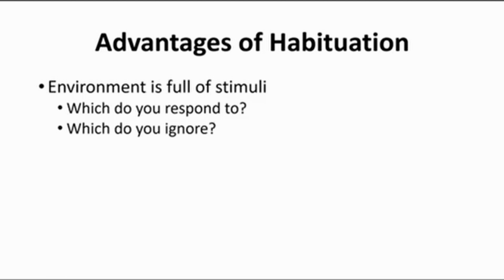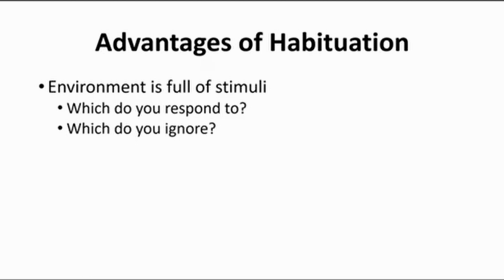And then on the other side, if there's a new sound, something that's come in that's different, maybe you don't live near running water, but all of a sudden you hear running water. Maybe that means that there's a flood or something is happening that you should be paying attention to. So it would make sense to be sensitized to something that's new or different, something that is worth paying attention to.